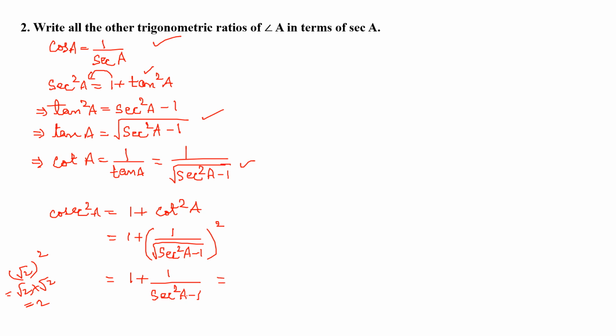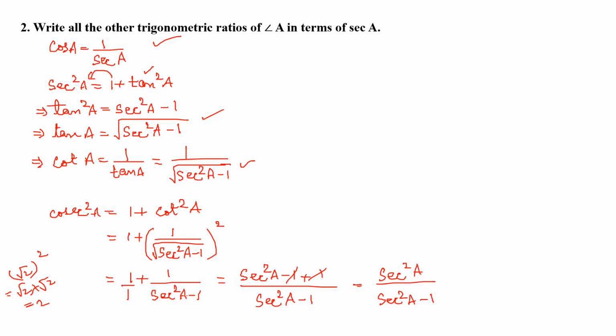Now let's take LCM. So LCM is going to be sec square A minus 1. So here it will be sec square A minus 1 and then plus 1. So minus 1 and plus 1 will get cancelled and you will get sec square A by sec square A minus 1.